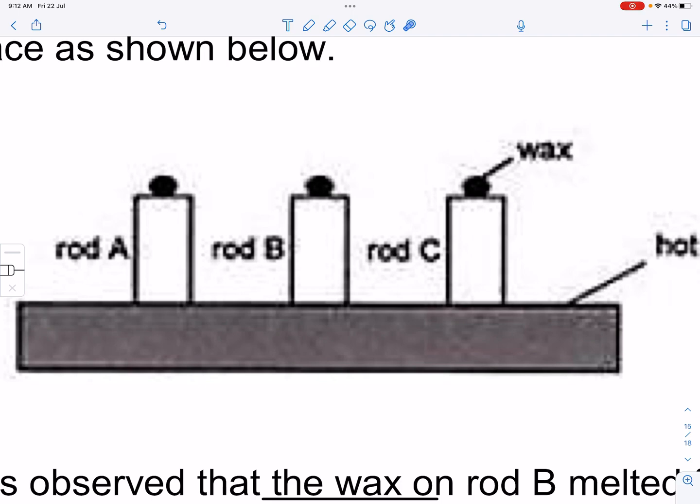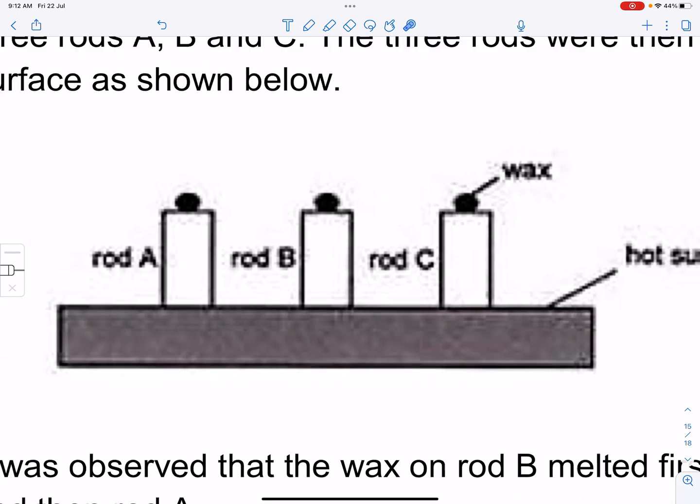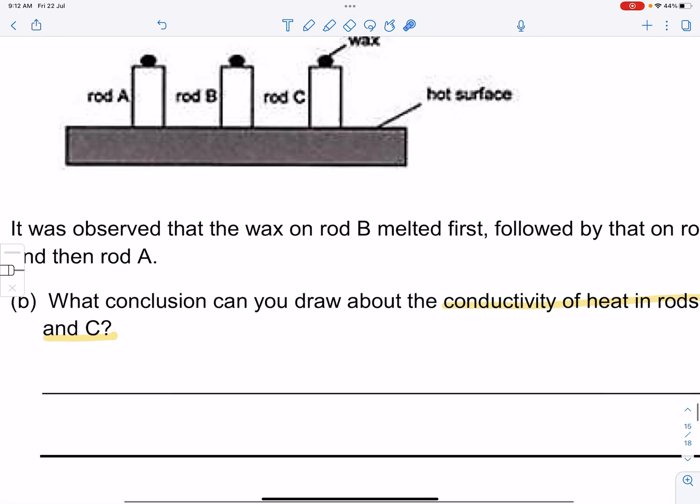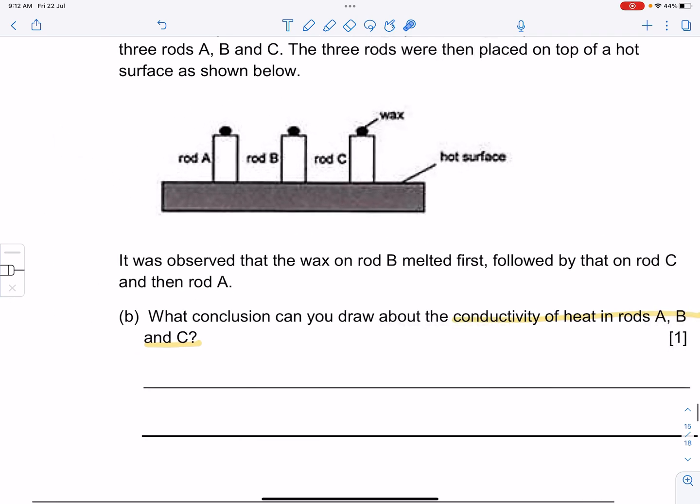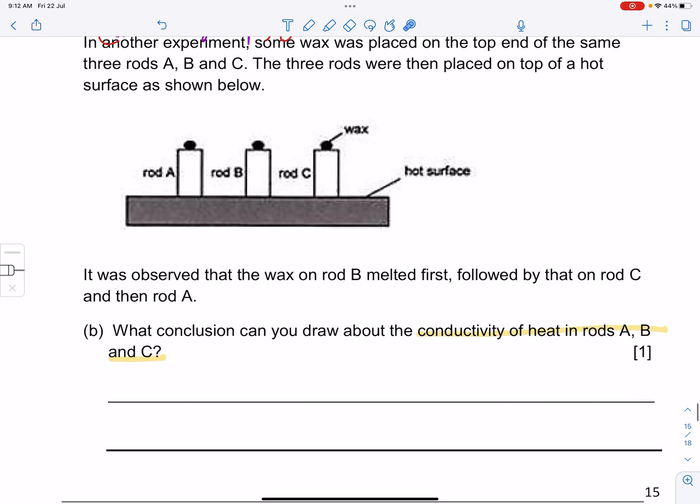So obviously the one that melted first will have the best heat conductivity, followed by the one that does not conduct heat that quickly, which will melt the wax at a slower rate.